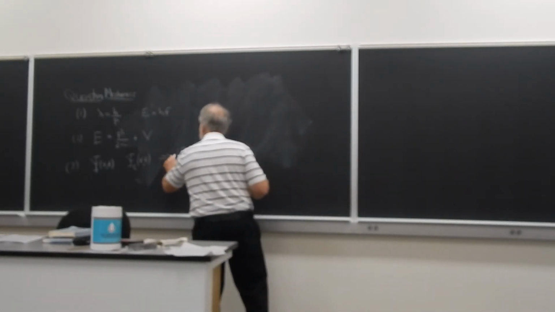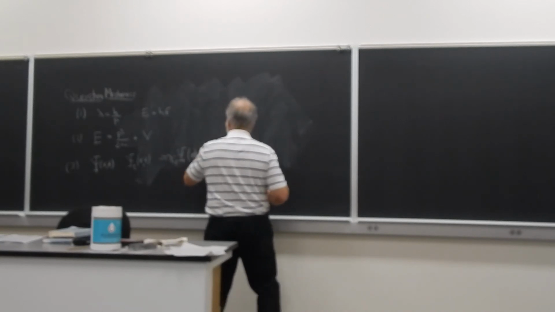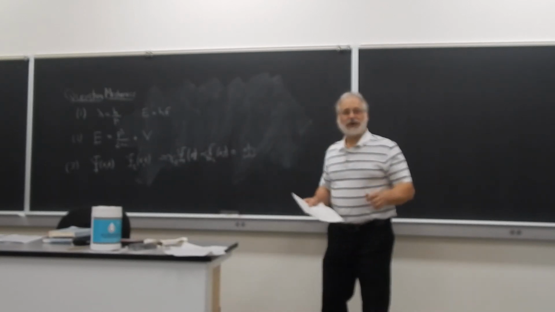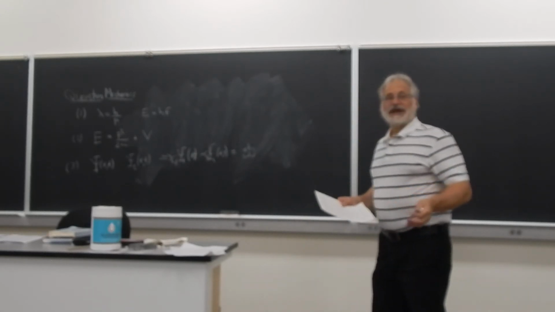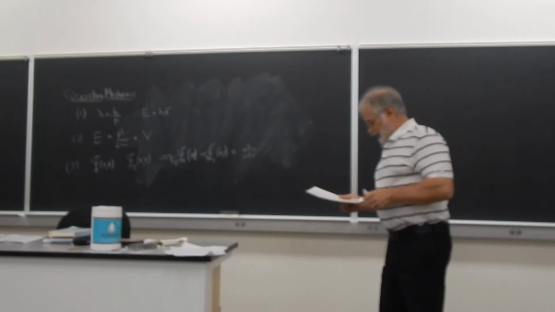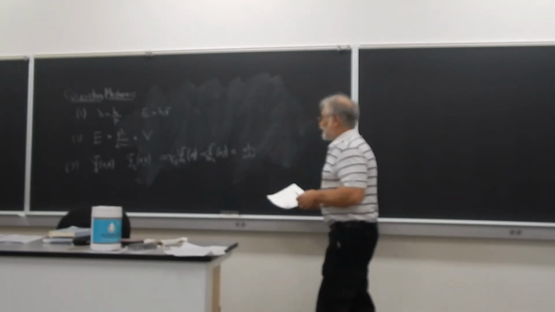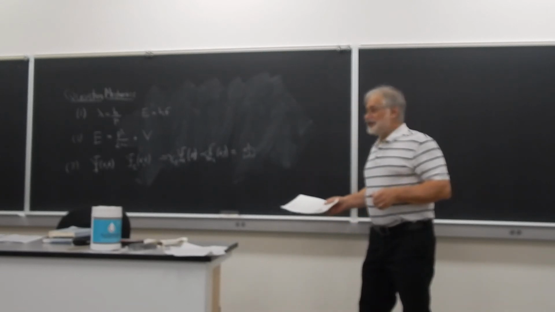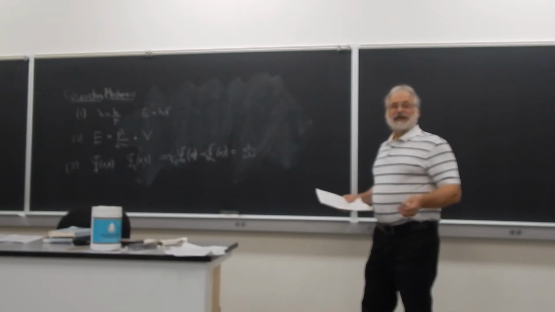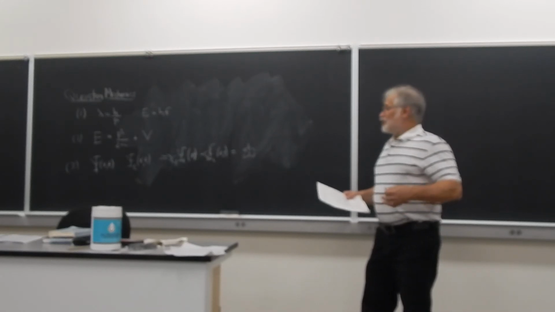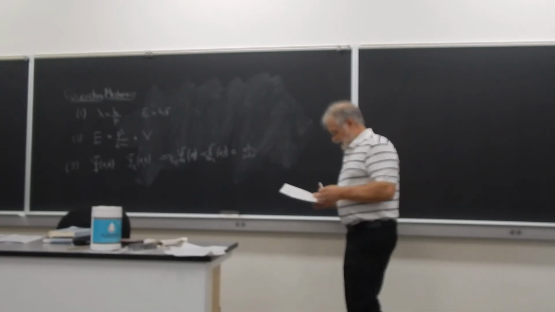So if I were to write it as C1 times psi 1 plus C2 times psi 2, that should also be a solution. That is one of the criteria of linearity. The other thing about this is, if I can do this, I can make more plausible that I'll see the results of Davisson and Germer, which is to say you'll see interference between, let's say, electrons or other particles.